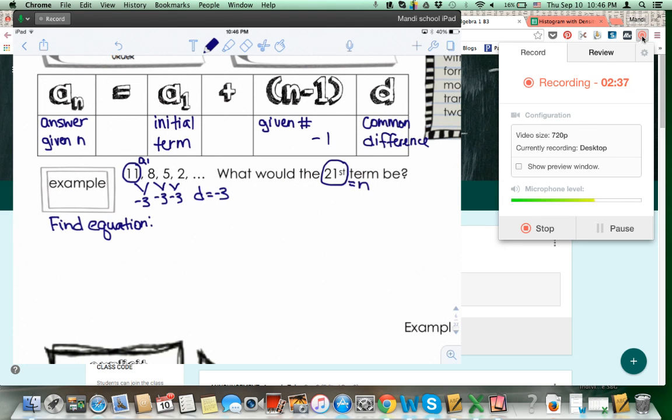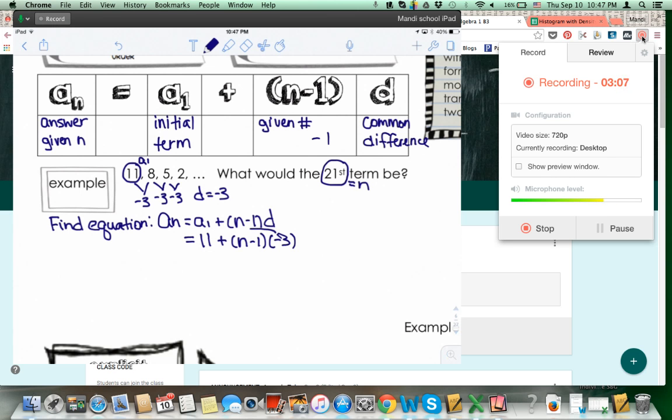So we start with a sub n equals a sub 1 plus n minus 1 times d. A sub 1 we said was 11, plus n minus 1 times my common difference of negative 3. I put that in parentheses because it's negative. We don't want to think it's minus 3.